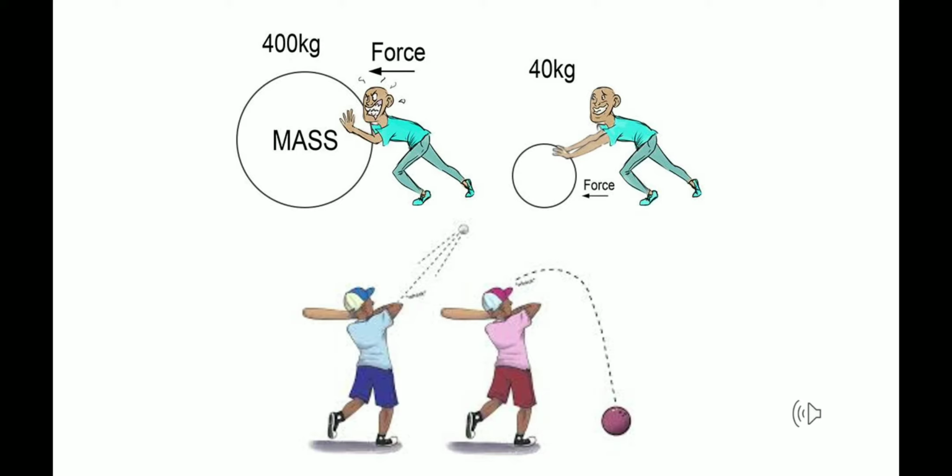So as the velocity increases or the mass increases, the force has to increase. So force is directly proportional to mass as well as velocity. More the mass, more the force; more the velocity, more the force. Okay, so we move further.